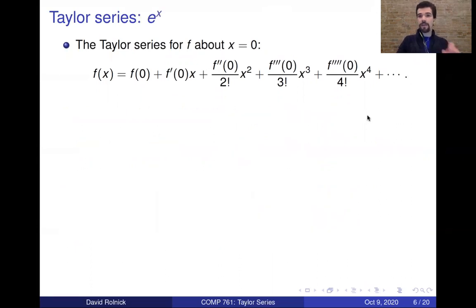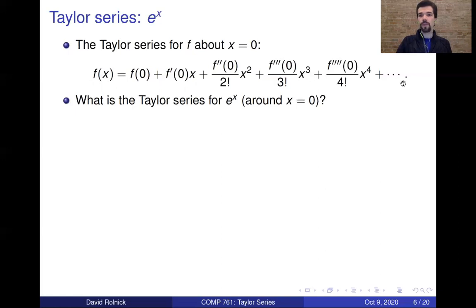So this is, again, the definition of the Taylor series. What is the Taylor series for e to the x around x equals 0? How would we go about doing that? How do we find it? Suppose someone gives you a function and they want you to create a Taylor series for it.